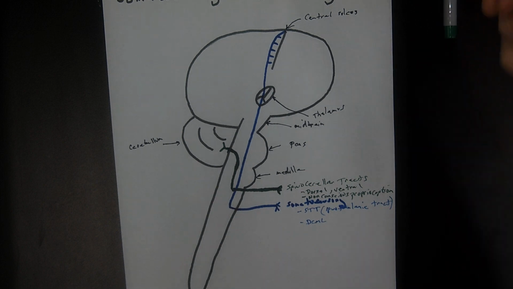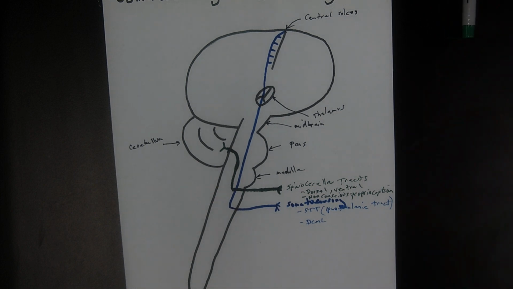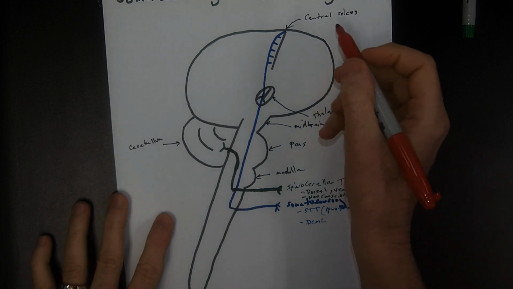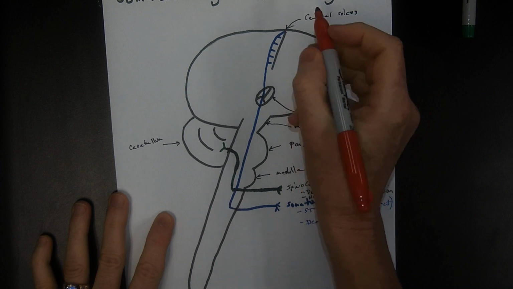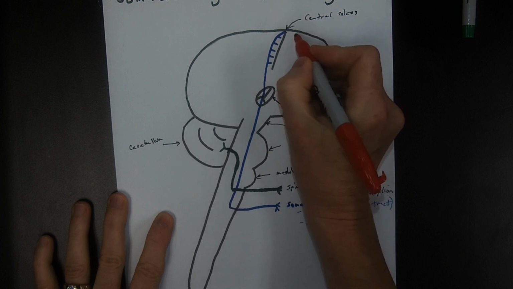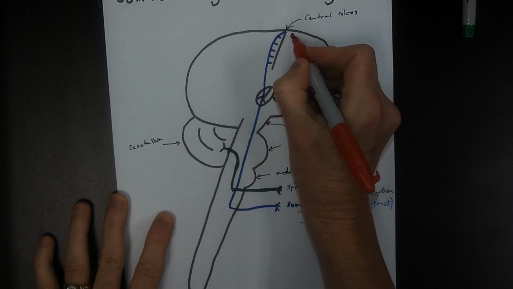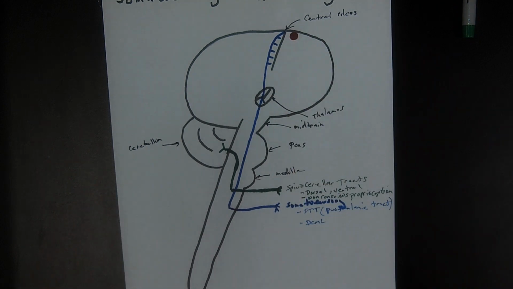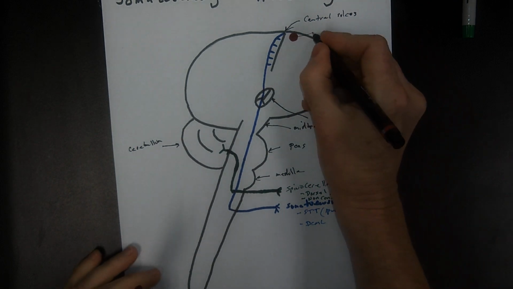Okay, let's think about the motor now. Motor are going to be the descending tracts, and as far as the descending tracts are concerned, we have the big one up here. It's going to come out of the primary motor cortex, which is the precentral gyrus, right? So here I'm representing a neuronal cell body.